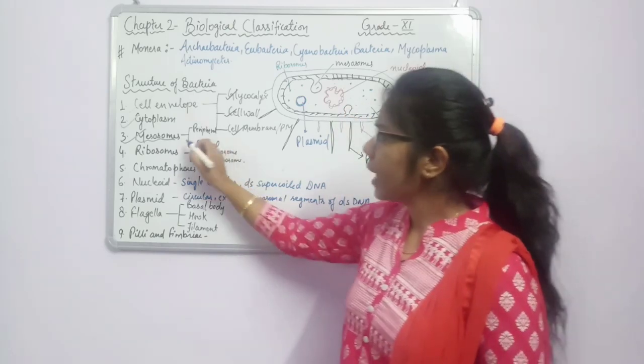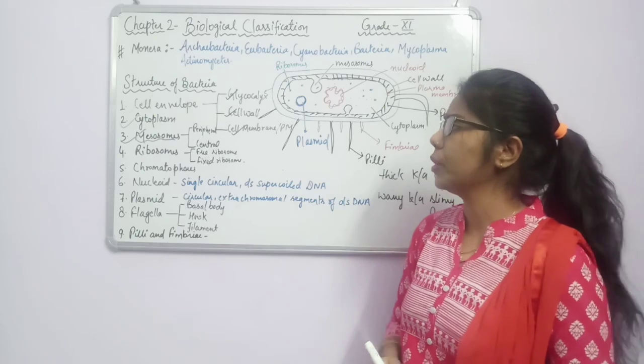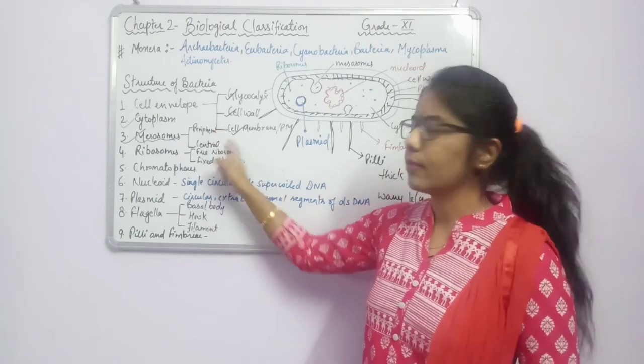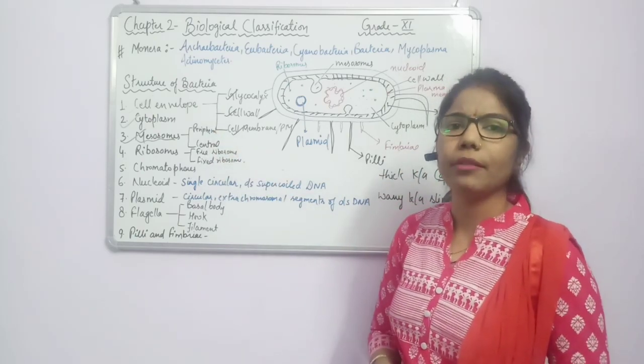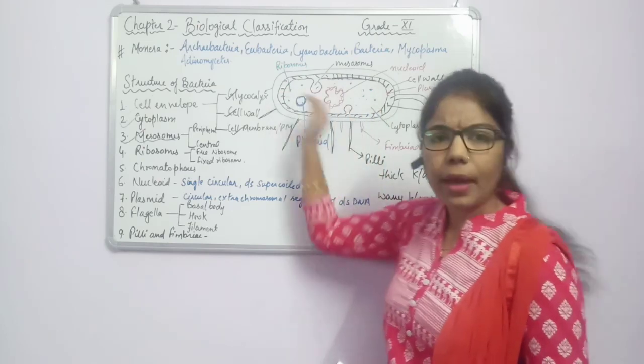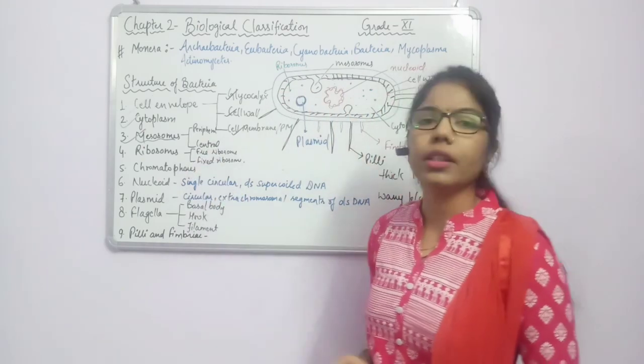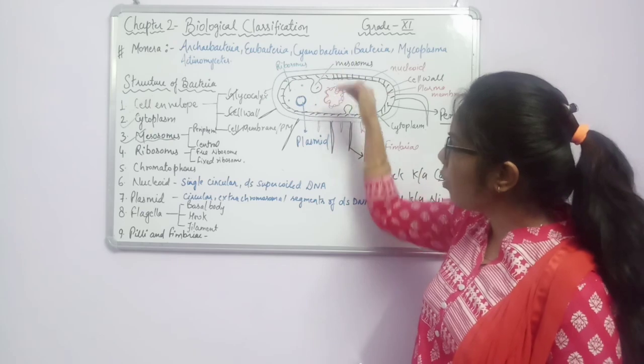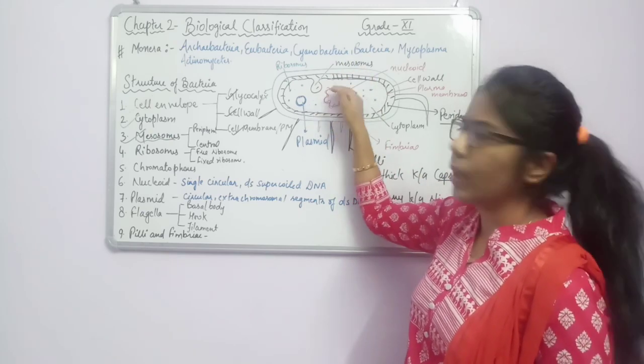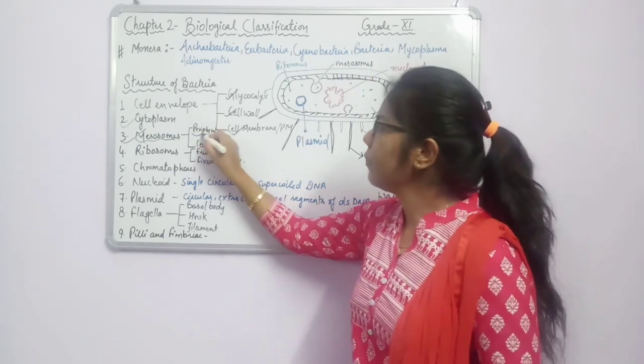Fine. We have divided the mesosome into two types. What are they? Peripheral as well as central. The name itself indicates it: peripheral means it lies in the peripheral region, and the central one is deeper in the cytoplasm.